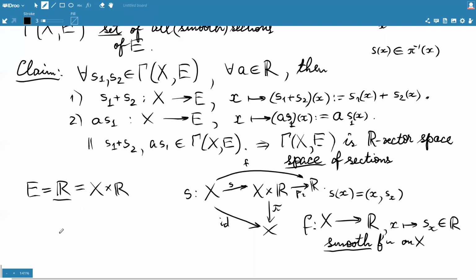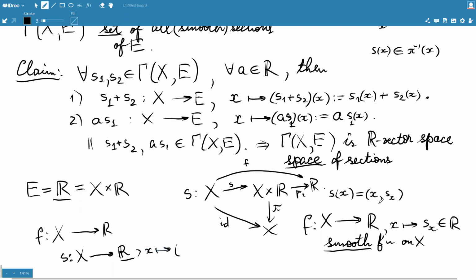Conversely, if you have a smooth function f from X to R, then just look at the section S from X to R underline, sending the point X to the pair.